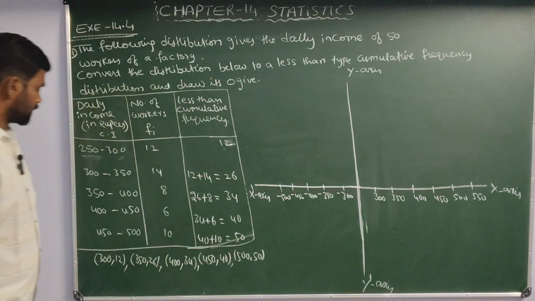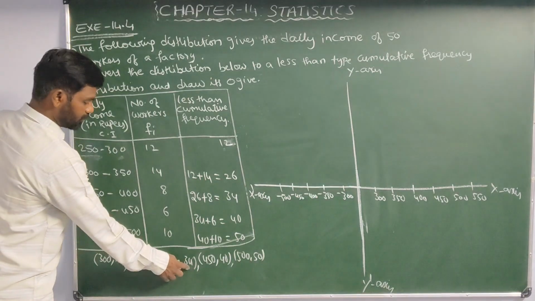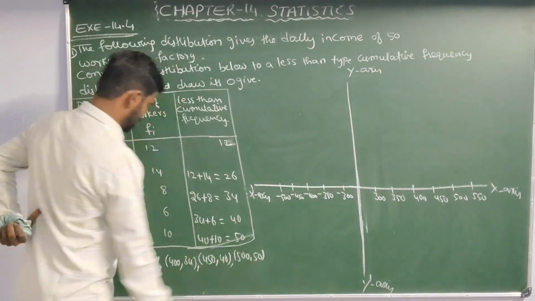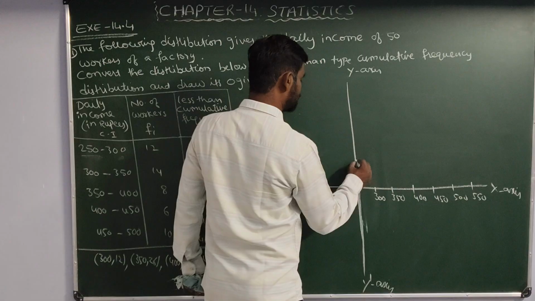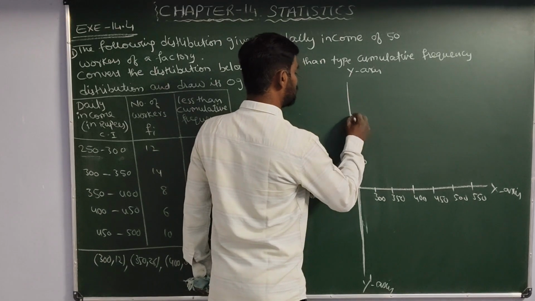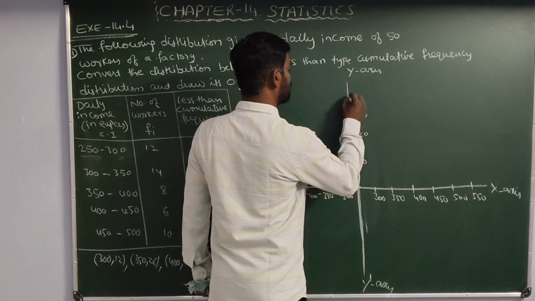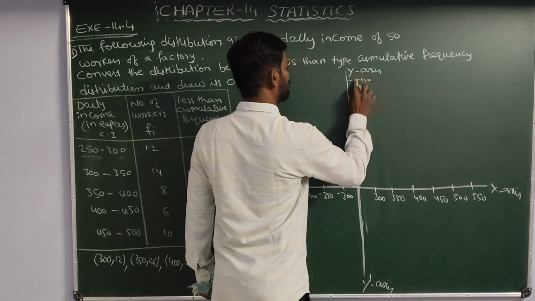Next, now look at the y coordinates: 12, 26, 34, 40, 50. Let us write 10, 20, 30, 40, and 50.